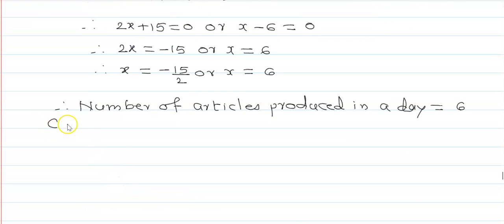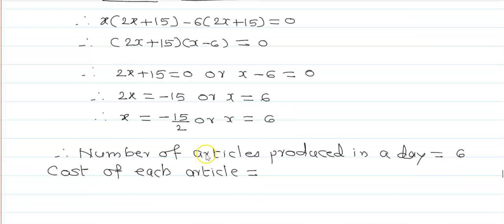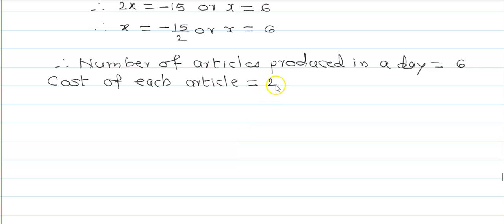Cost of each article is equal to, what is that? 2x plus 3. It is 2x plus 3. 2 into x means what? 6, plus 3, that is 12 plus 3 is equal to 15.